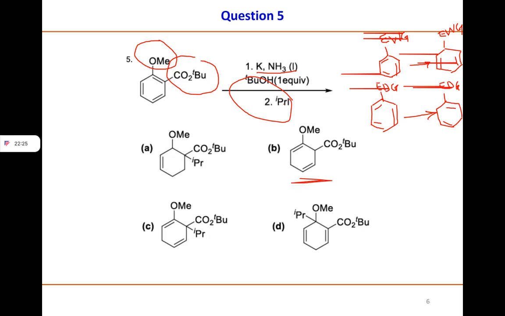So because of the electrophilic group, we can see that the addition will take place at this position, because this carbon is electrophilic and this one is electron rich. So the addition will take place here and it will give this result. This is the correct answer.